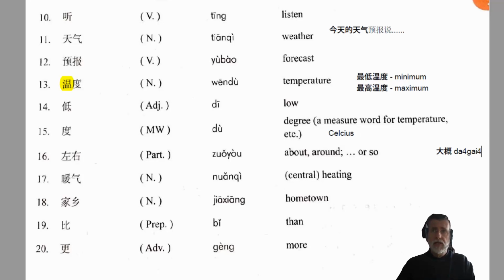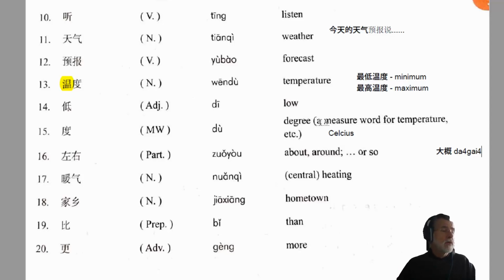But the 大概 comes before the quantity. If you were talking about when something happened, you might say 大概昨天, roughly yesterday. If you're talking about age, you might say 他大概15岁. So the point is that the 大概 comes before the quantity, length of time, the age, whatever it is that it's modifying.